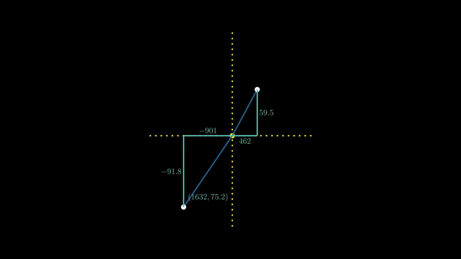A reduction in sale price, which we represent as a negative number. So we see a reduction in living area that is met by a reduction in sale price from the average. All right, based on these two sample points, we see that living area and sale price have a positive relationship. They covary in the same direction.